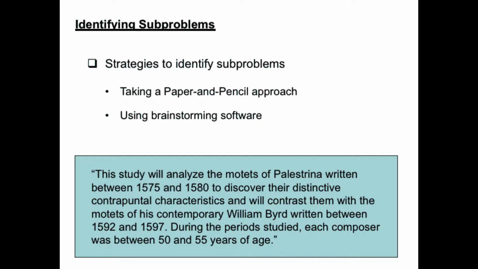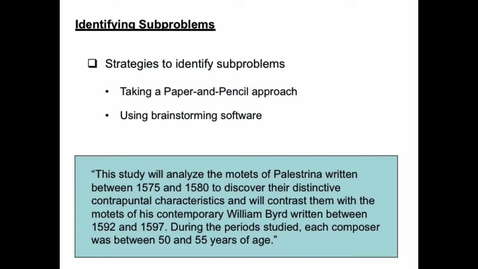One of the suggestions that the book makes is taking a paper and pencil approach, writing or copying the problem out, probably printing it out with double-spaced lines, and then going back through, reading it critically, looking for the subproblems and making boxes around them and doing a little diagramming. Then you can rearrange the entire problem according to what you have seen.